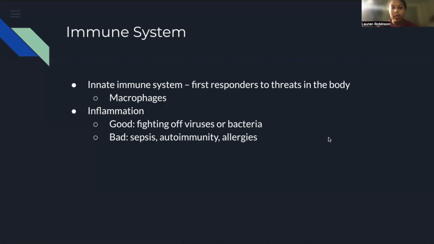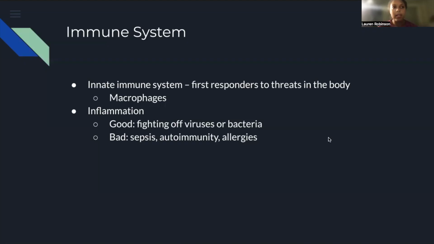It's good when we need to fight off a pathogen like a virus or bacteria, because of course we want to kill it and get rid of it so that it's not infecting our cells and causing issues for us. However, too much inflammation can cause an issue, whether it's because inflammation goes on for too long or it's too extreme of an immune response.